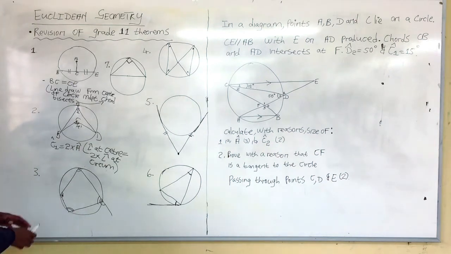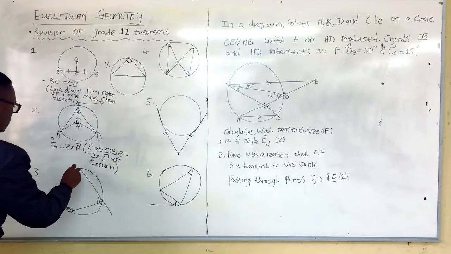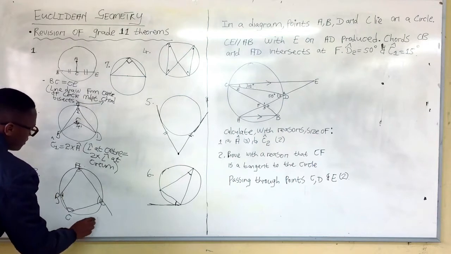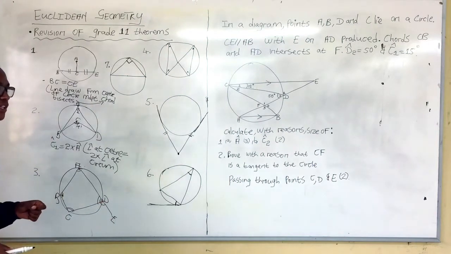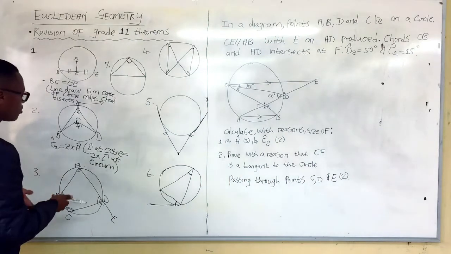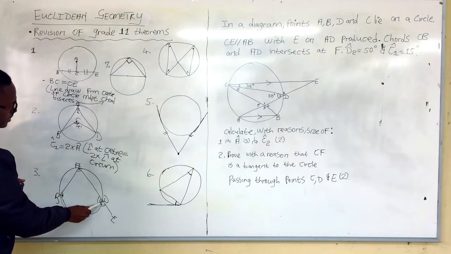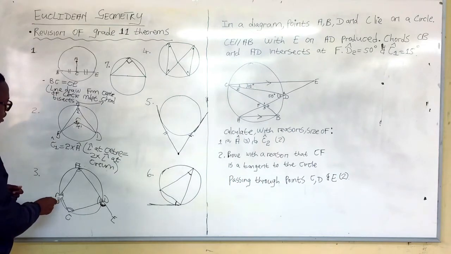So we have to know how this cyclic quad functions. Let's say we have A, B, C, D, and E. According to the laws of a cyclic quad, the external angle, which is this angle outside, is equal to the interior opposite angle.